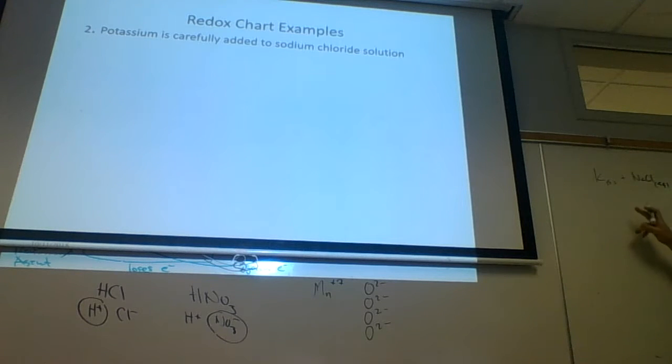And so let's go ahead and inventory it. Potassium metal is just potassium metal, right? It's not potassium ion. And then sodium chloride consists of sodium ions and chloride ions. And then there's one more species. What's the one more species? There's water.